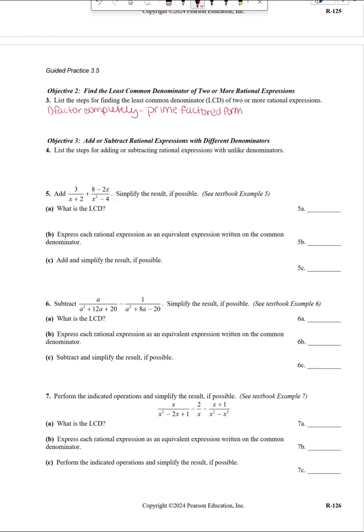Oh, too big. Sorry, I should have it smaller. And then step 2, I write the factors that they share, and then the factors that are unique. So write shared factors and unique factors.